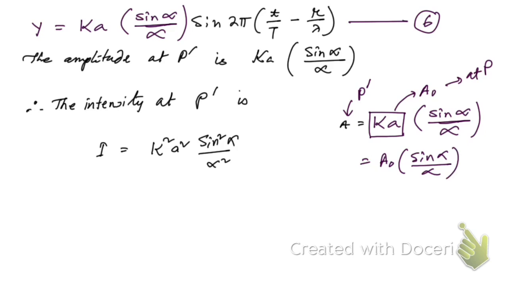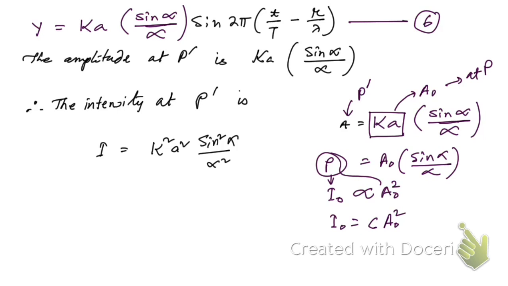Now intensity at P, we know that intensity is proportional to the square of the amplitude. So this is the amplitude at the point P, and the intensity at point P, I naught, will be directly proportional to A naught square. And if we write equal, there must be a constant, let it be C A naught square.